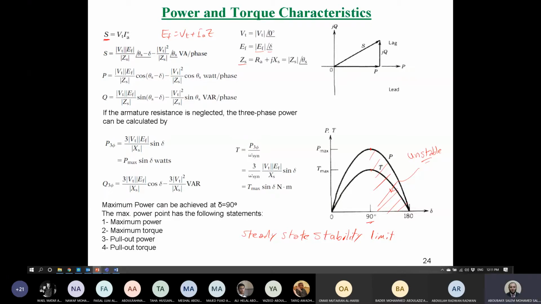So these are the names, guys, we used in our life regarding the point of maximum power. For that, we cannot increase the power or operate the machine at delta greater than 90. Okay.